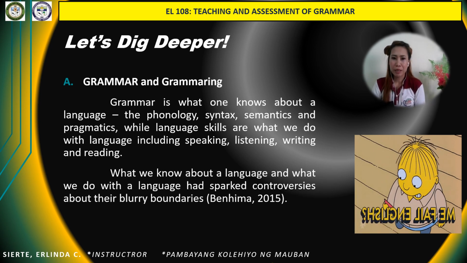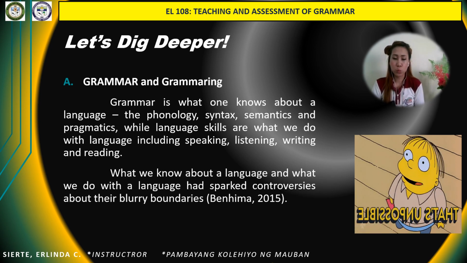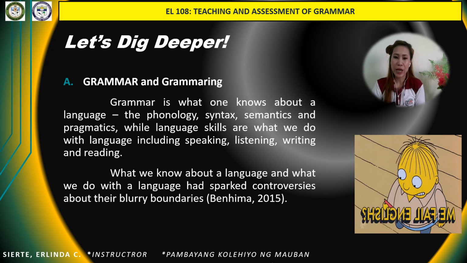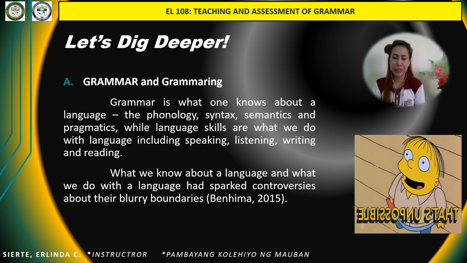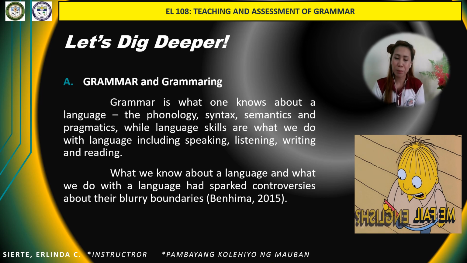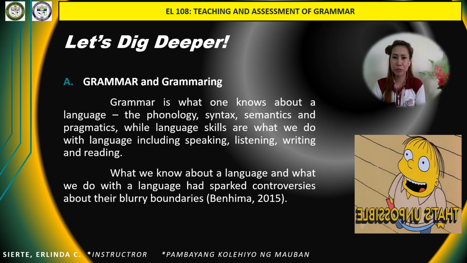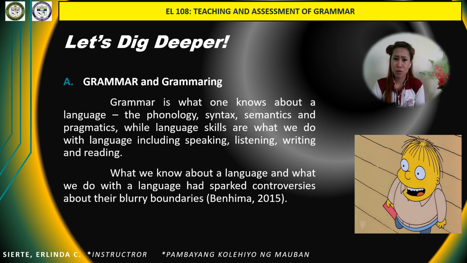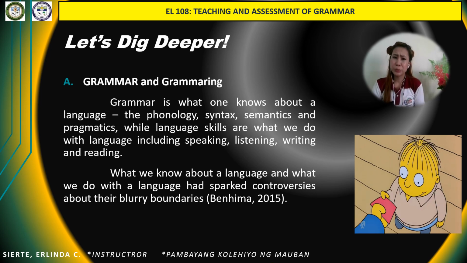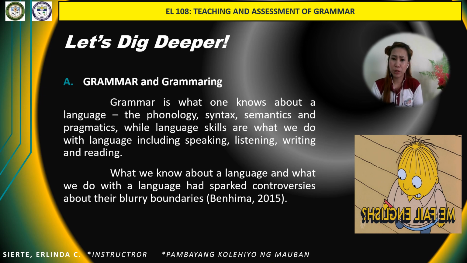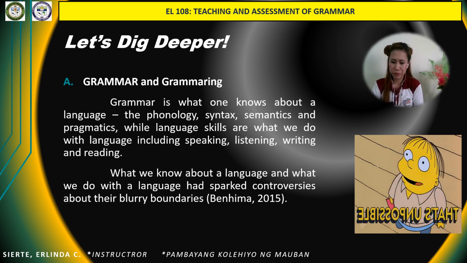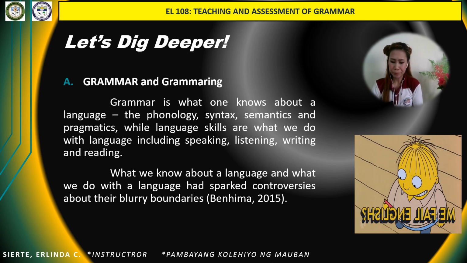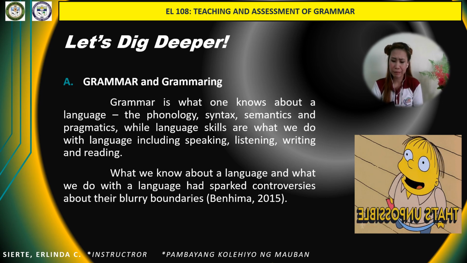So, what we know about the language and what we do with the language have sparked controversies about their blurry boundaries, according to Bin Hema in 2015. So what are these controversies?